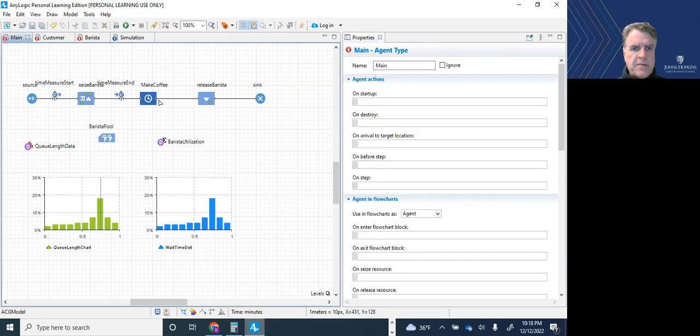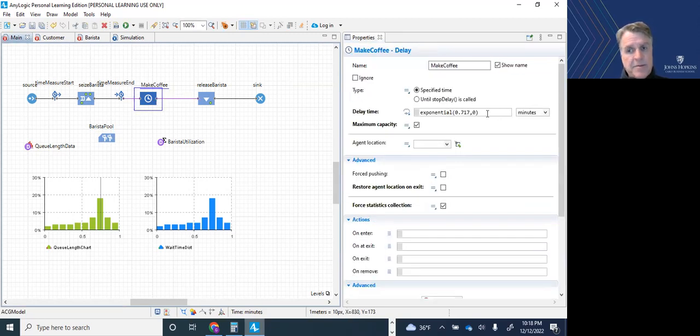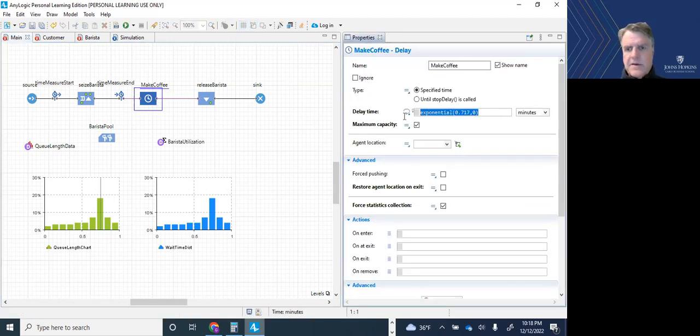Okay, and then for the make coffee, here's a little bit of an idiosyncrasy. It's going to be normal, and then it's the standard deviation first, comma the mean. So I'm going to put in, let's say, 0.25. I think that corresponds pretty closely to the situation where you have an 82% reduction in the variance, or the standard deviation that we had for the initial setup.